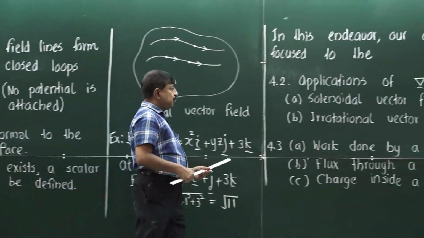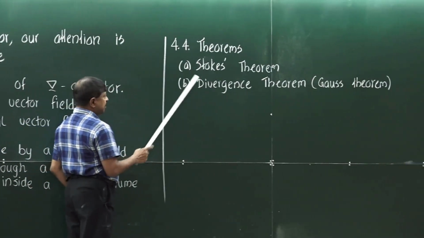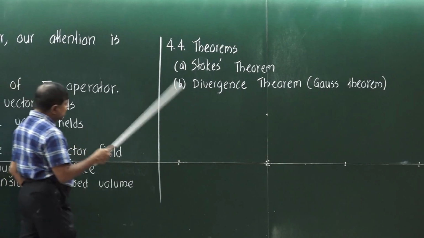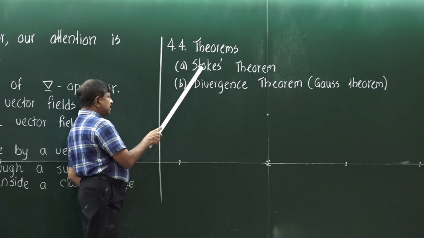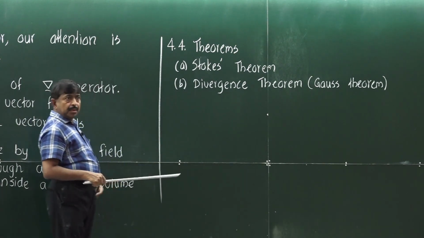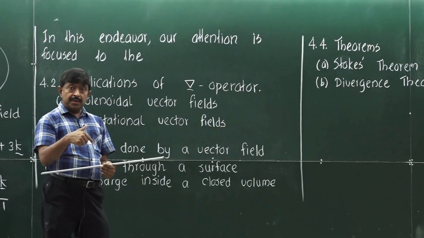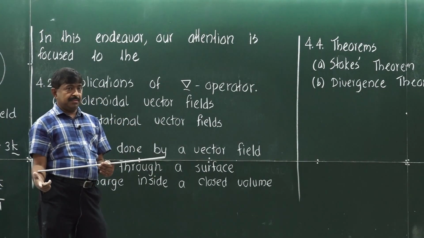Okay? Now, finally, we get into theorems. There are basically two theorems, and there's another theorem called Green's theorem. Green's theorem can simply be derived from Stokes' theorem, but when Stokes' theorem was initially introduced, it was proved using Green's theorem.